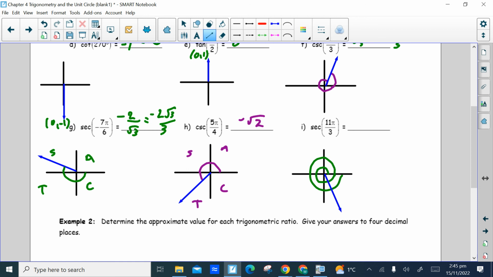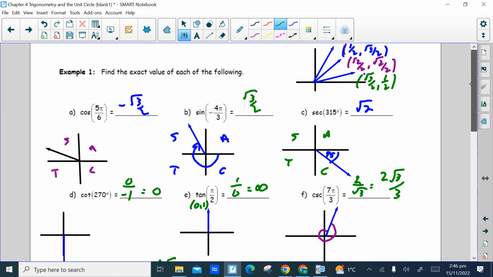Approximately right there. So we can erase this bit there. Our CAST rule tells us this is the C quadrant. So cosine is positive, which means the secant will be positive. And our reference angle is pi on 3, same denominator of 3. And if we go to pi on 3, the cosine is a half.